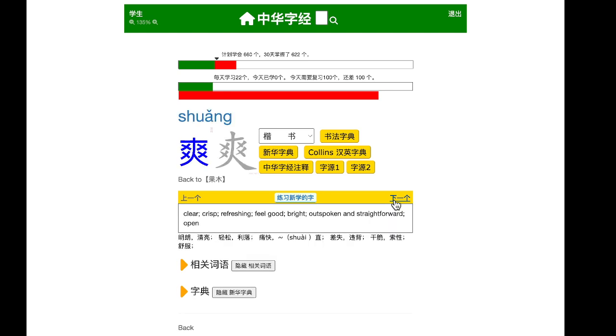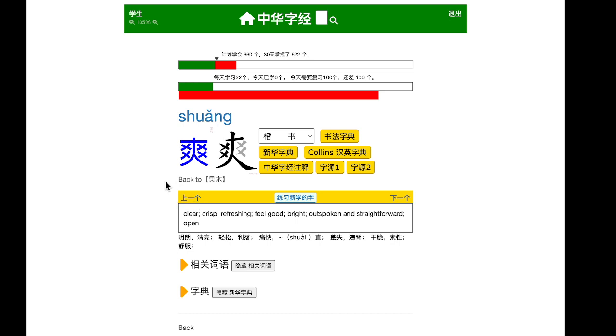Wei. Shuang. Shuang. This means clear, crisp, and refreshing. It can also mean feel good, bright, outspoken, and straightforward. If you're expanding the meaning from this to that, and somebody's personality is clear, crisp, and refreshing, then that would be outspoken and straightforward.